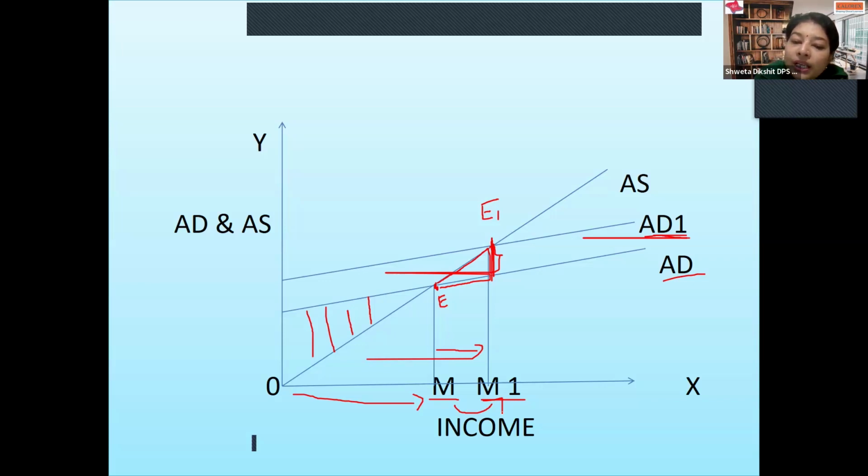You learned in class 11 that when there is excess demand over supply, it is an inflationary situation and prices tend to rise. So here the prices will rise, but income, employment, and output will not rise. This is what the inflationary gap is.